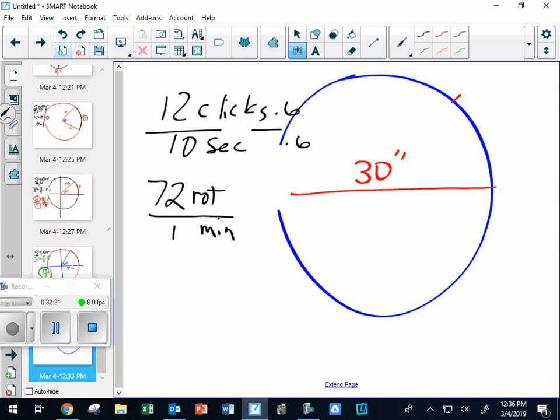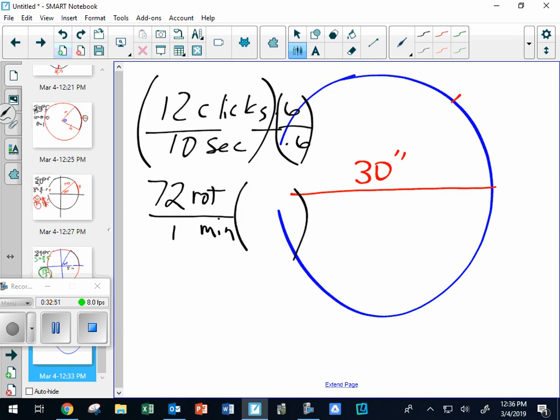This is what they do when you're taking your heart rate, for example. They don't measure your heart rate for a full minute because it's a little uncomfortable to have somebody pressing against a vein for a full minute. So they usually do it for 30 seconds, either 10 seconds and times by 6, or 30 seconds and times by 2. That way they get 60 seconds. Same idea. We did 10 seconds and we got 12 clicks in 10 seconds. Times by 6 means you got 72 rotations per minute.